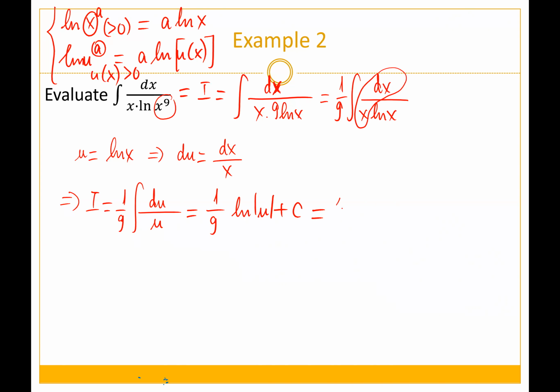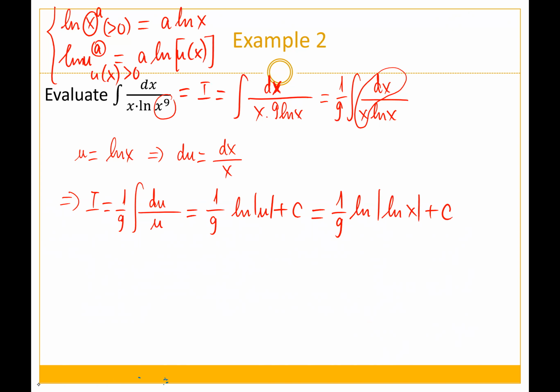This is where you see how u substitution helps a lot, because the answer now is 1 over 9 ln of absolute value of ln of x, plus c. In this case, you cannot delete this absolute value because you don't know if ln of x is going to be positive or not.